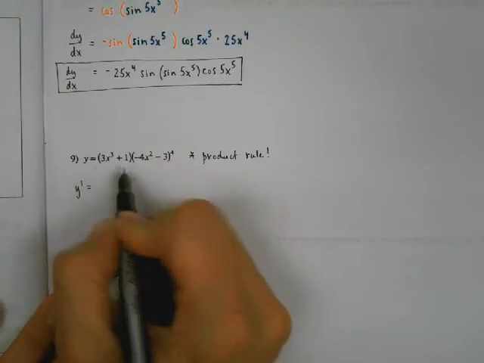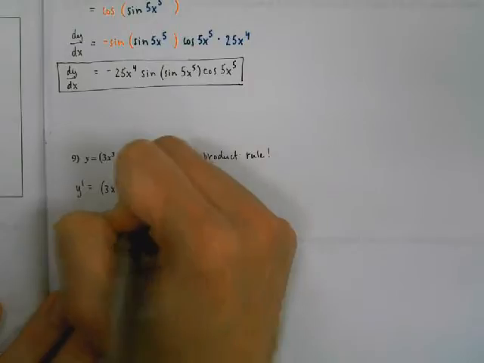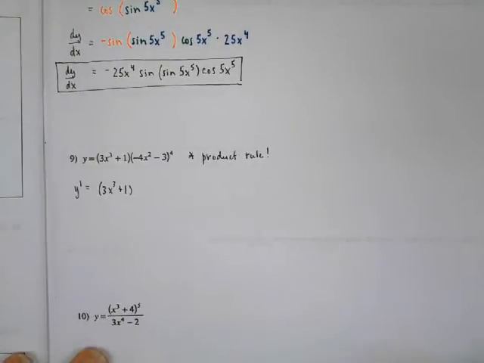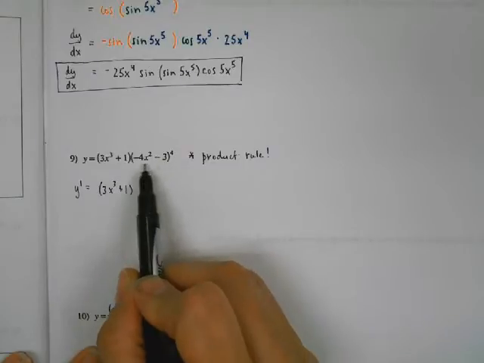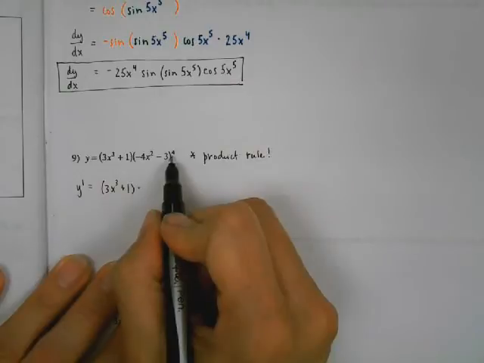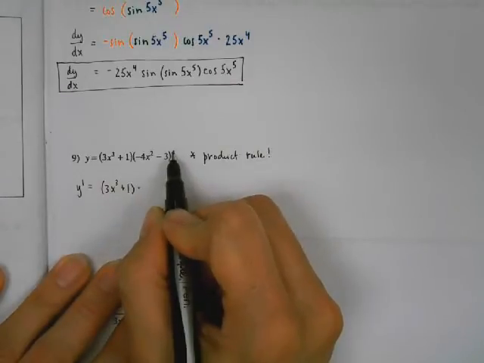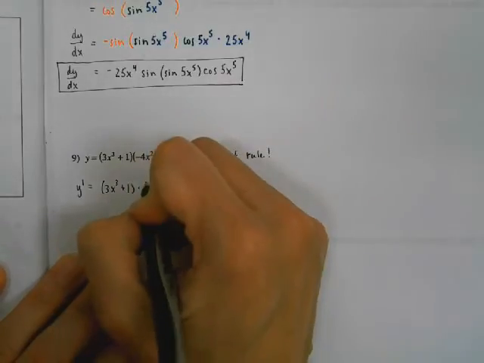So we're going to take our first factor, 3x cubed plus 1, and we're going to multiply by the derivative of our second factor. Now here's where you can see chain rule comes in. When I go to multiply, the first thing I'm going to do is deal with this exponent of 4. To differentiate this, I'm going to take the derivative of my outside function.